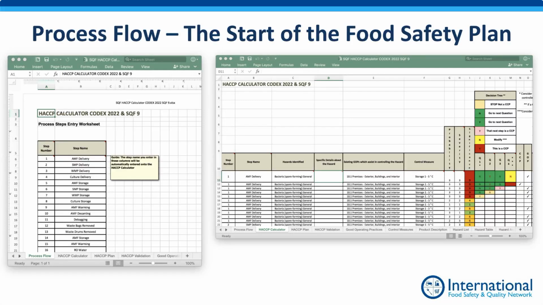The flow diagram should be used when conducting the hazard analysis as a basis for evaluating the possible occurrence, increase, decrease, or introduction of hazards.